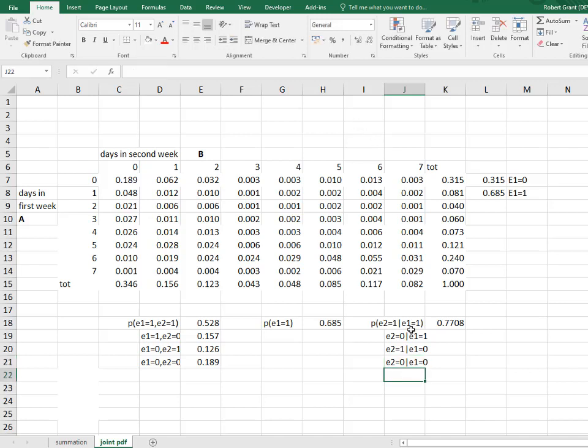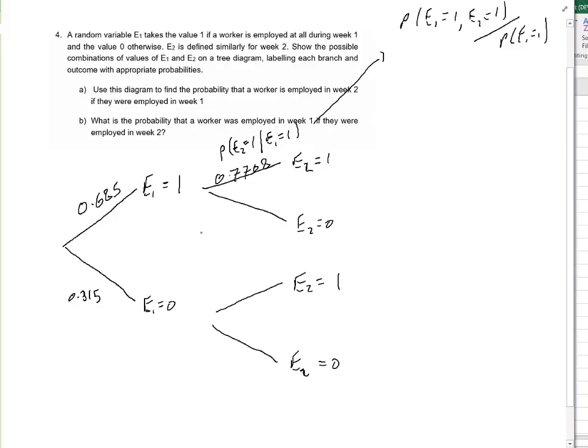So these are the other probabilities that can go on these branches here. What's the chance of E2 being 1 if the first was 1? What's the chance of E2 being 0 if the first was 1? E2 1 if the first was 0, E2 0 if the first was 0. So those are all the ones we're working out.